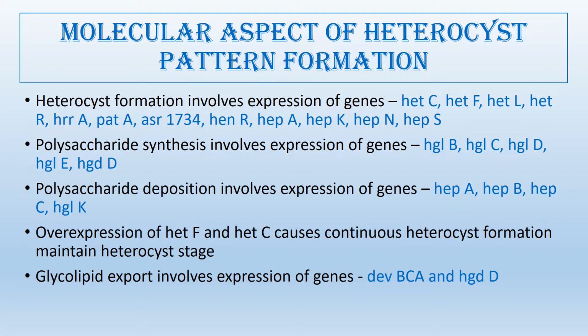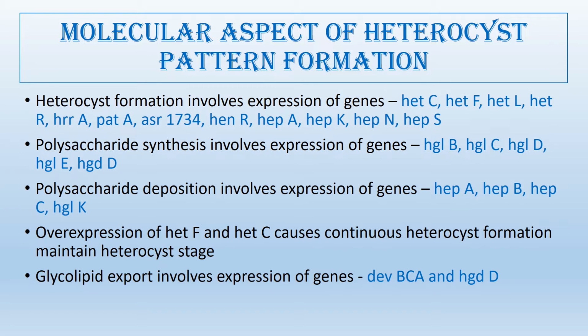Apart from proteins, there are also polysaccharides involved in the formation of heterocysts, because we know that cyanobacteria, just like other gram-negative bacteria, have a thick polysaccharide wall, but heterocysts have a much thicker wall than the normal somatic cell.